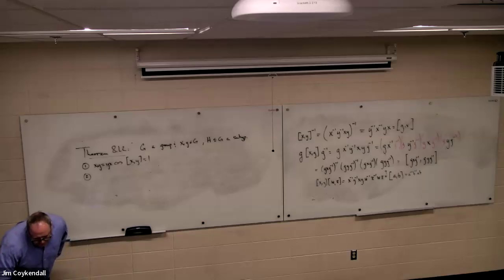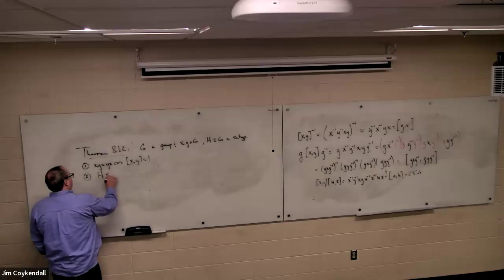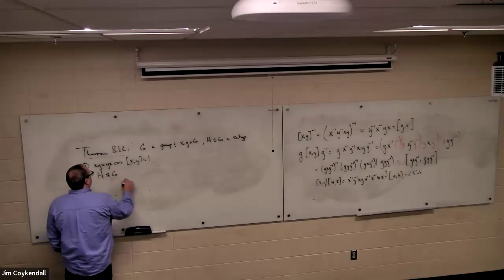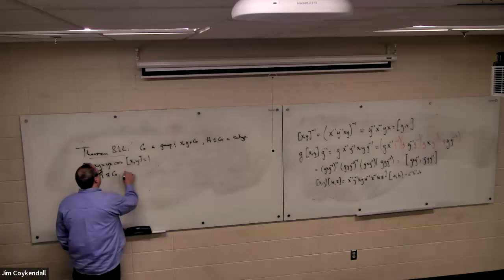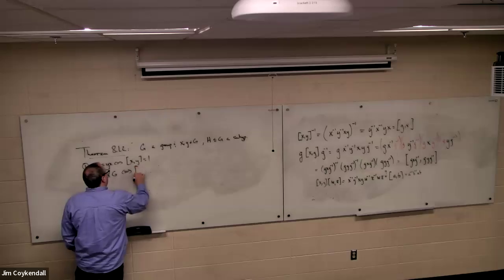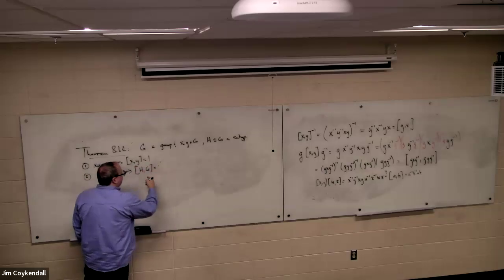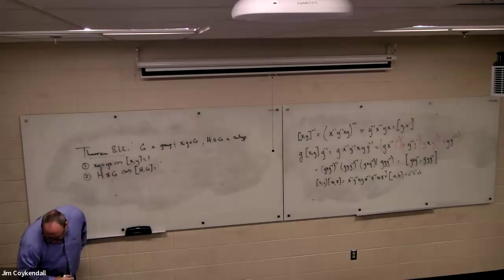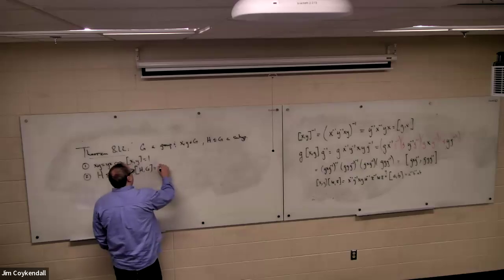H is normal in G if and only if, you didn't prove this, but this is pretty easy to show, if and only if, let me tell you what this means. This is generated by commutators, this form.